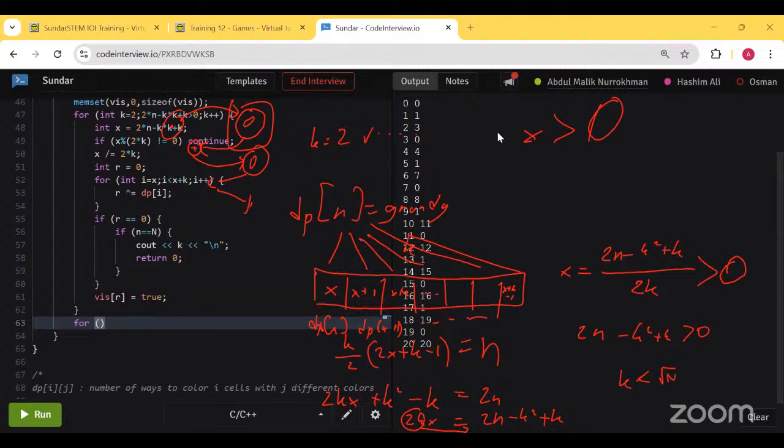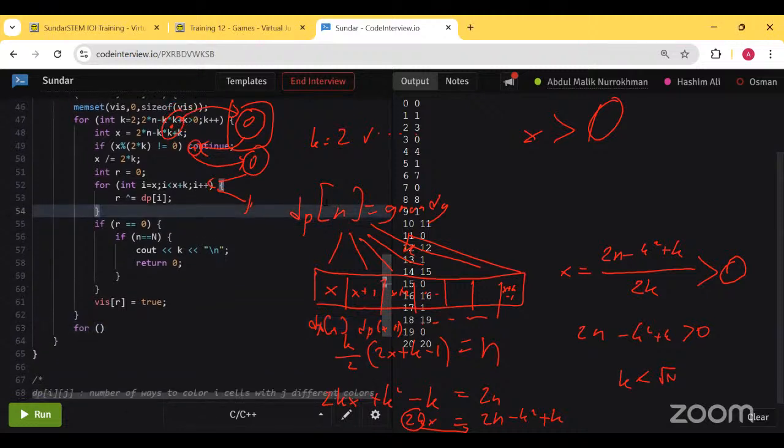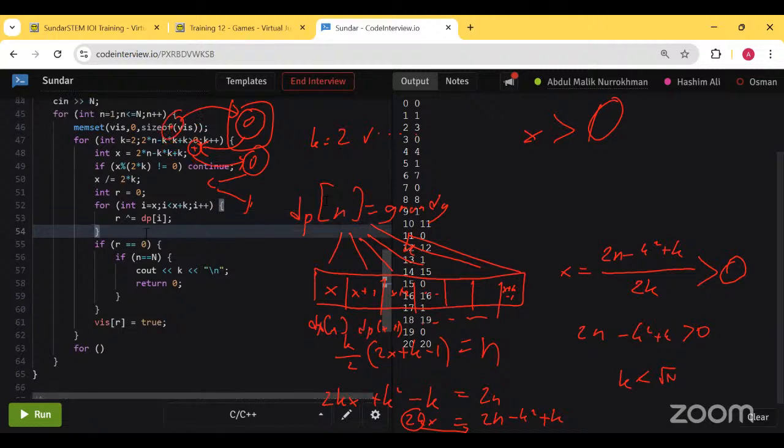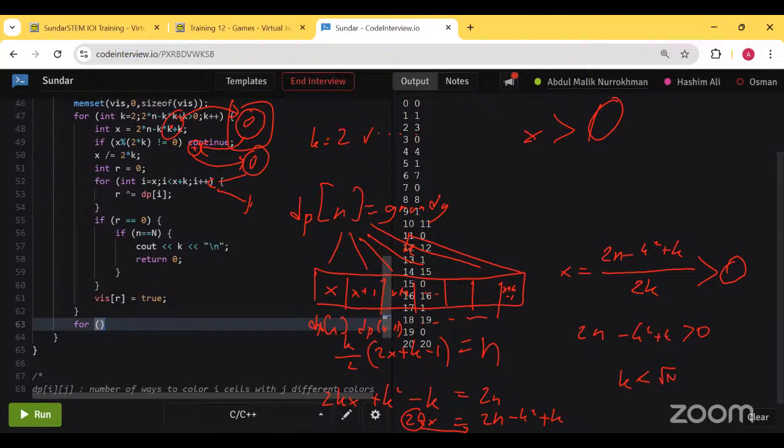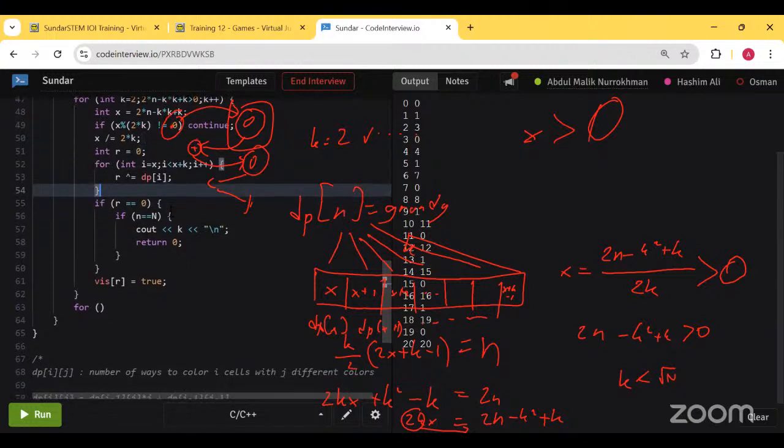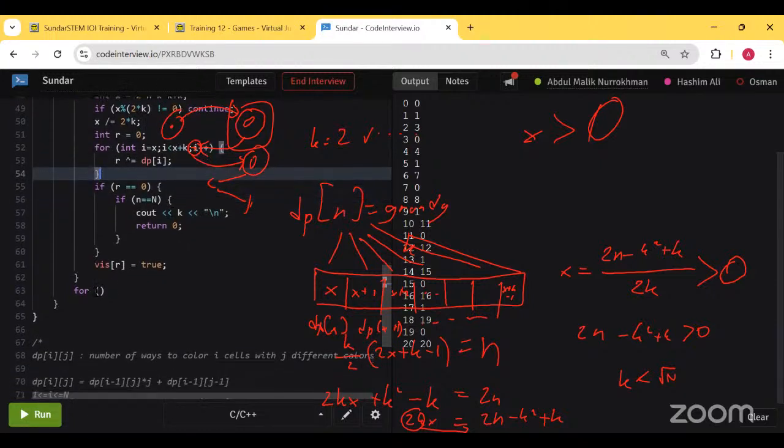I will explain first, and then let's optimize it. So you can focus on understanding the solution. After that, you can focus on optimizing the computation.